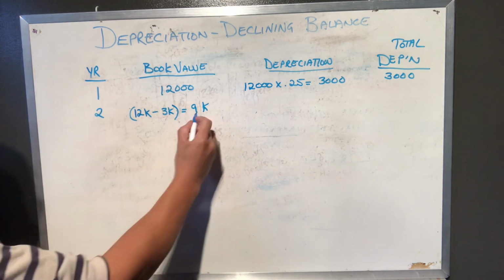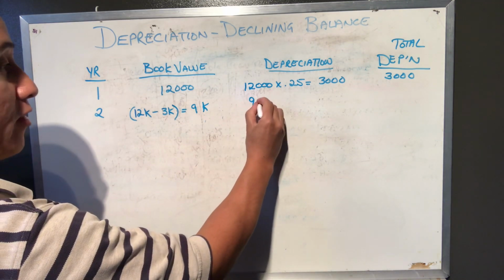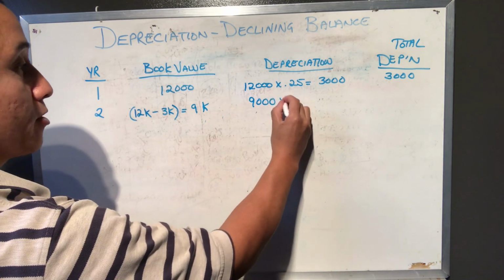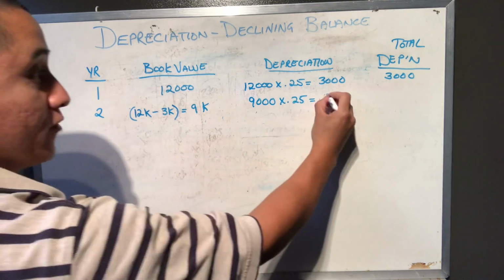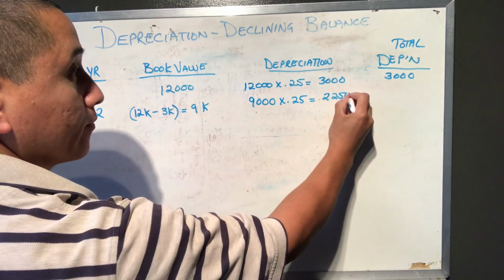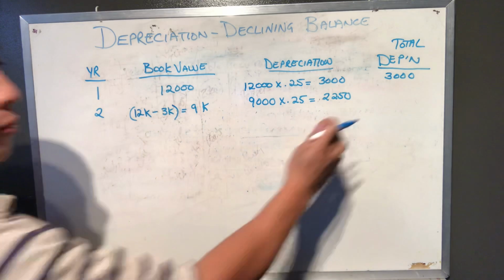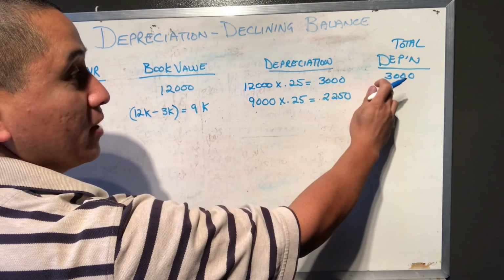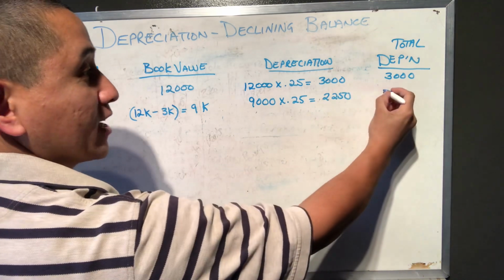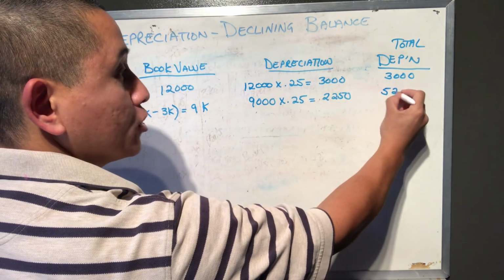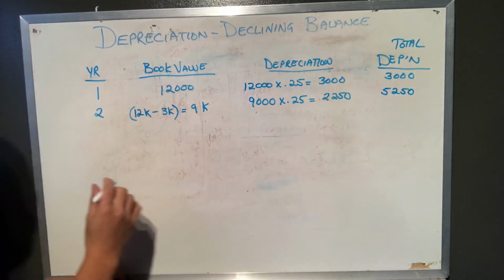Now, based on this $9,000, we're going to calculate the depreciation, multiplied by 0.25, and that would yield $2,250. So what is the total amount? Total depreciation would be $3,000 in the first year plus the $2,250 in the second year. So that would give us $5,250 total so far for the second year.